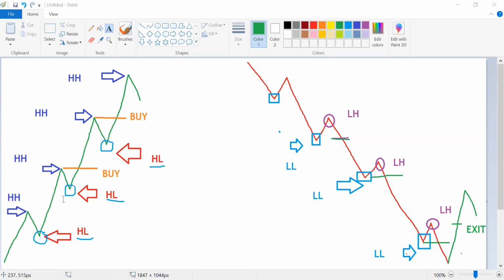Right? When to buy, when to sell, when to short, when to exit. Simple, very, very simple. Do you need anything else? Price is good, right? Perfect. So now let us look at some examples on the chart.